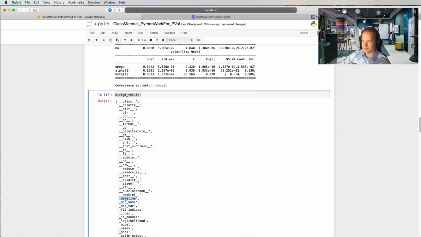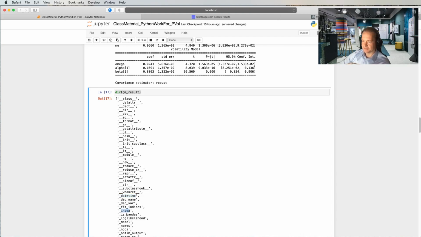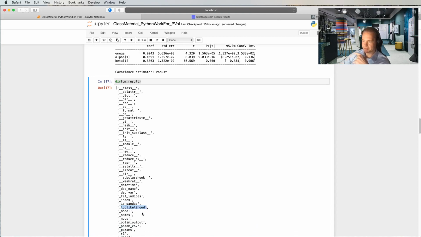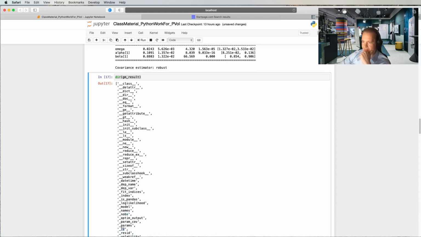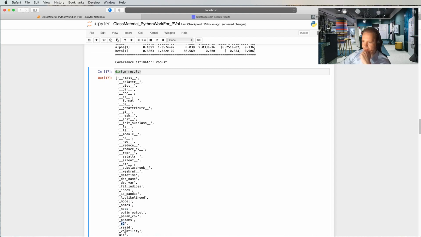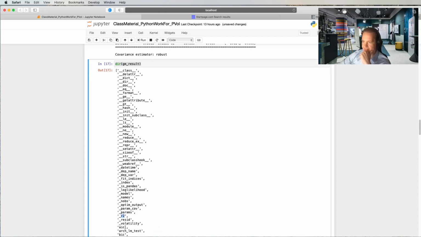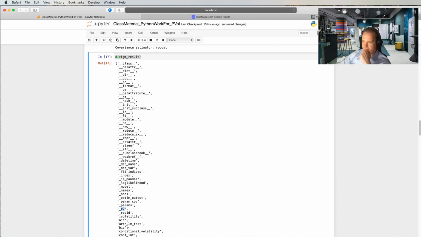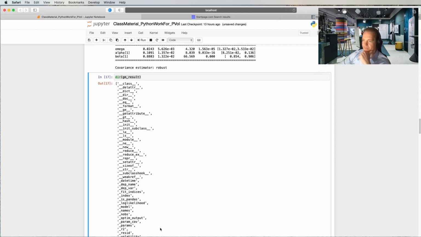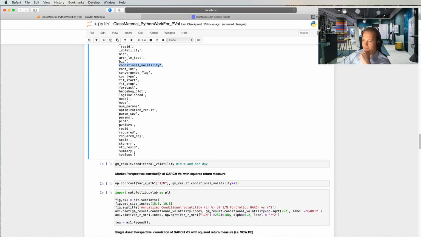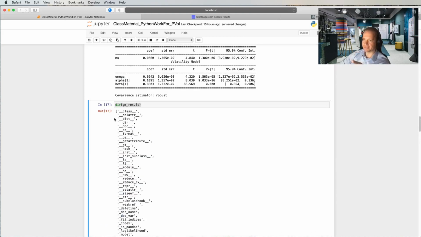Here you can get the date time, the index, the log likelihood, the public members of that class. Number of observations, params, the R-squared, residuals, volatility, the AIC criteria, the conditional vol, and that's the function I'm about to use here. Okay, so keep that dir in mind.